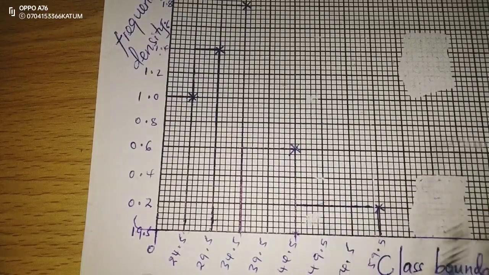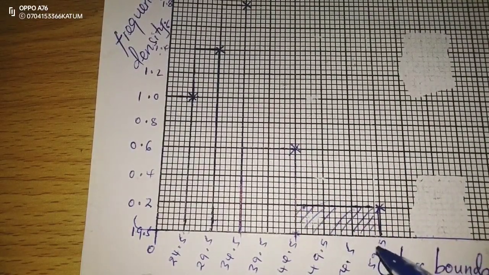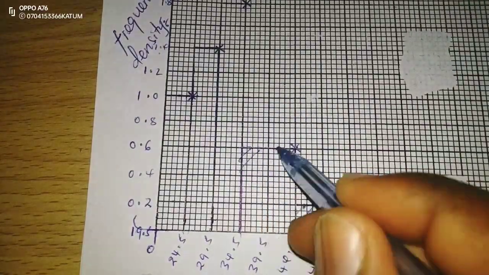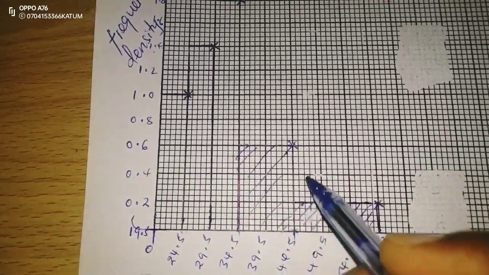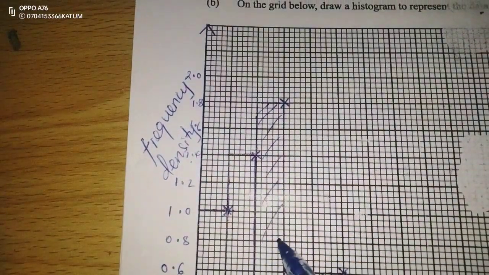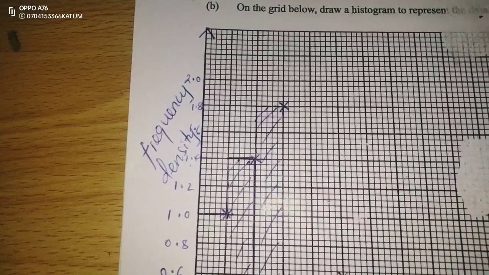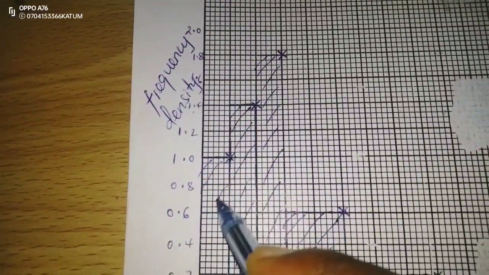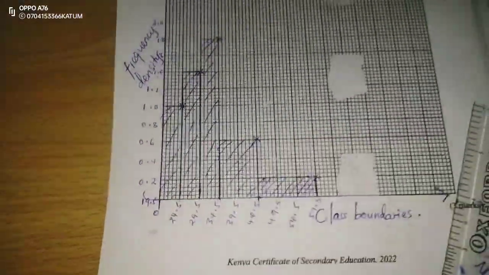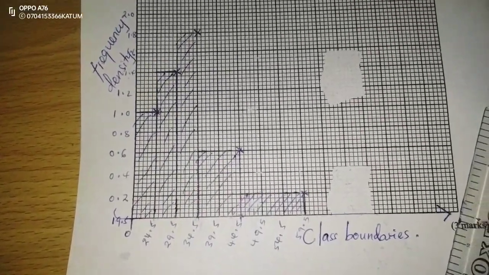So this is the final class. So these are the classes represented in these bars. So that is how we plot a histogram when the class boundaries are not uniform. So this is the histogram for the non-uniform class intervals.